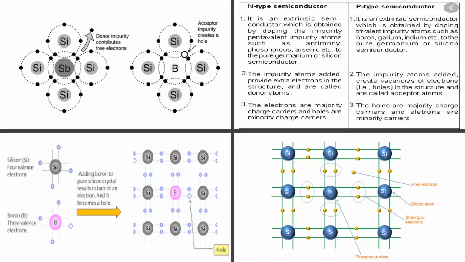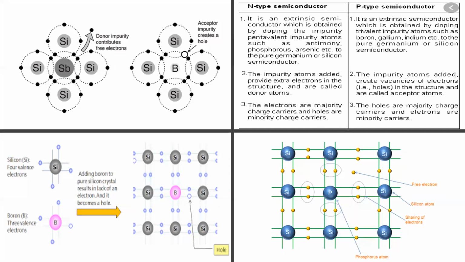Even if there are a lot of electrons produced by the added impurity, there already exist a few electron hole pairs, right? So there will be a few holes available in the pure semiconductor. When we add some impurity, a large number of additional free electrons are available. So the number of electrons is much more than the number of holes.